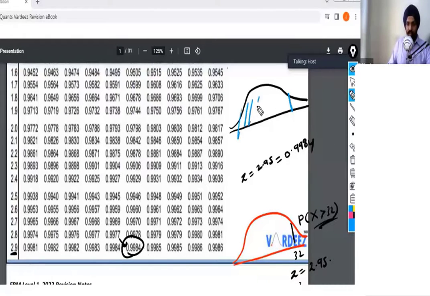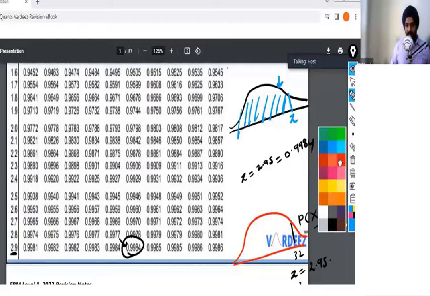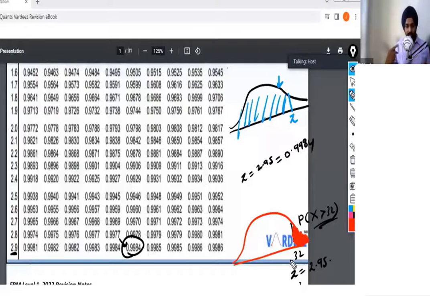But this is giving me the value for this area, right? Because this table is meant to give you the values for the left side of the distribution, all the left side. But I wanted to find the right side, and the table is showing me the left side. So it's very simple. We know that the entire distribution is 100%, that is 1.